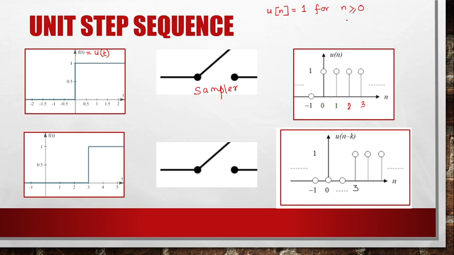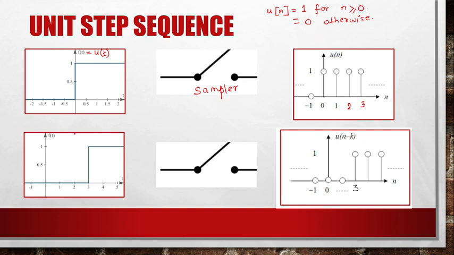So when the index is 0 or positive, it will be 1. It will be 0 otherwise. Right? Just like what we get in the continuous domain, but it will be represented in the form of a sequence only.